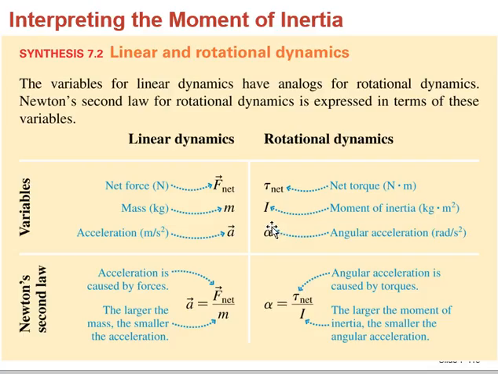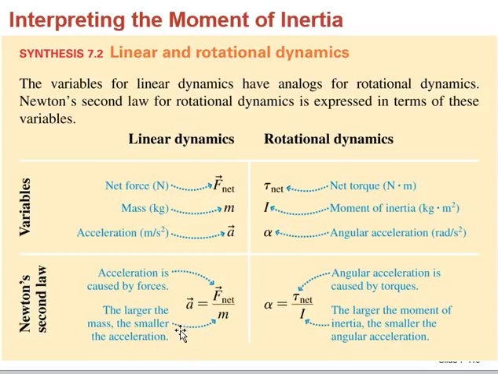All right. So we talked briefly in class about the connection and similarities between linear dynamics and rotational dynamics, where you've got net forces, mass, and linear acceleration. In rotational dynamics, you have rotational force, which we call torque, the rotational impetus to get the thing spinning, moment of inertia, and then angular acceleration.